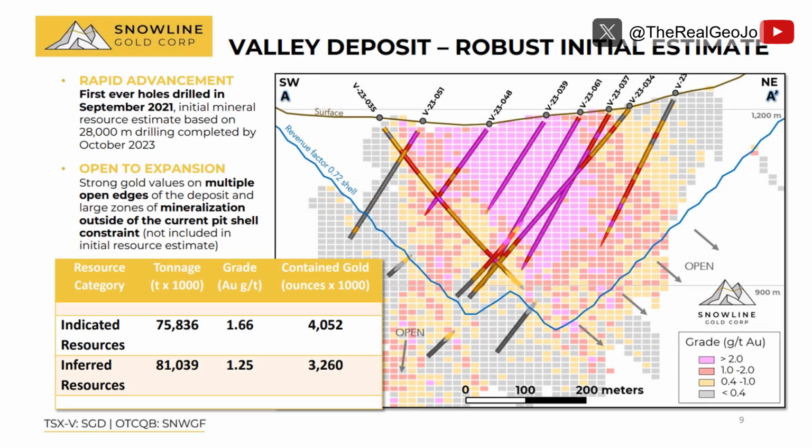For example, this is a clip from one of the slides from Snowline Gold Corp's corporate presentation, and here on the lower left you can see the resource chart and how they have the different categories. They have the indicated resources and the inferred resources.